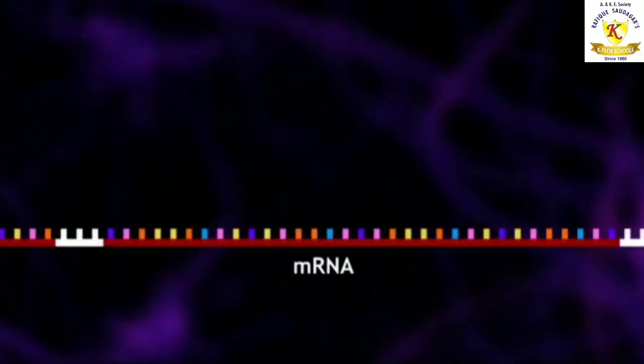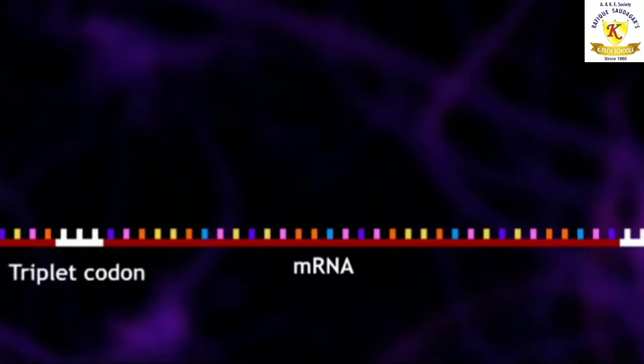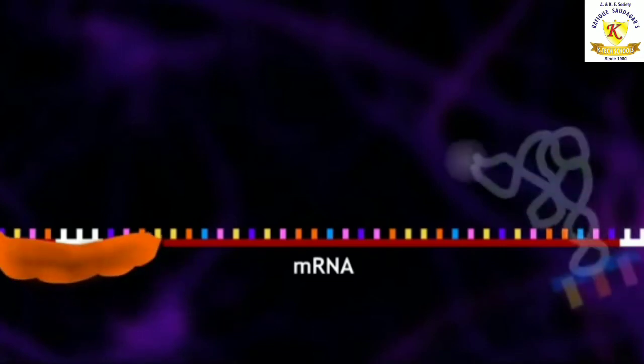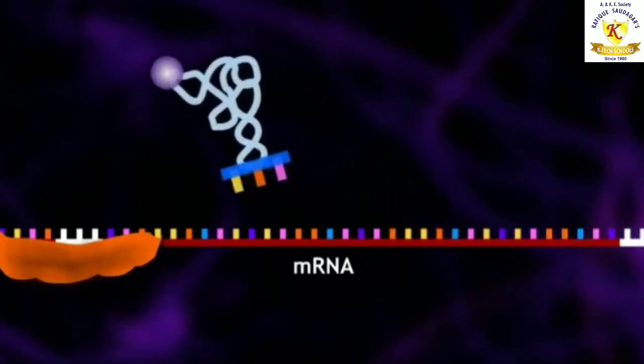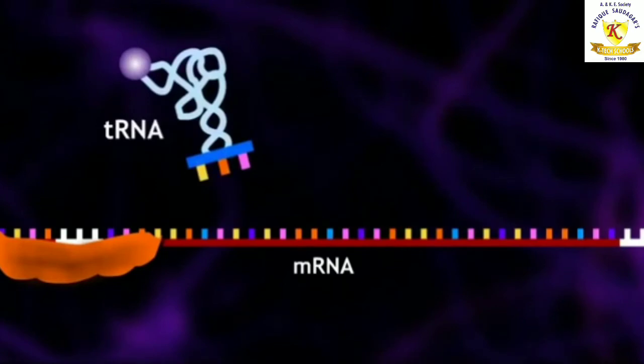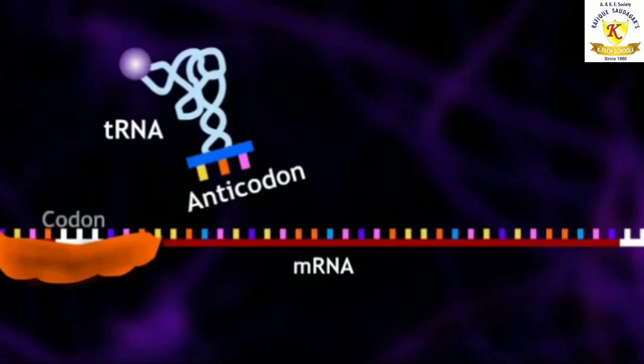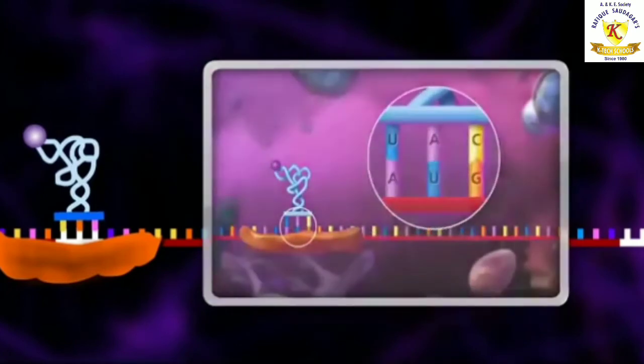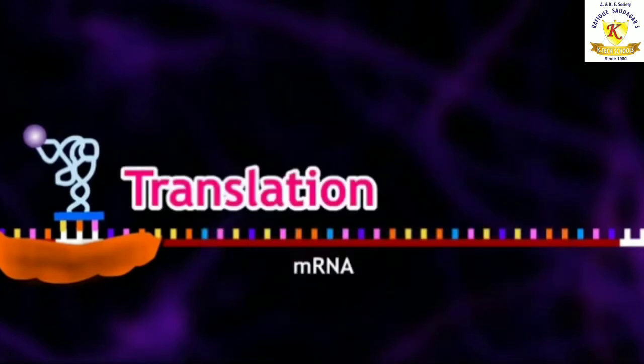Each mRNA is made up of thousands of triplet codons. As per the message on mRNA, amino acids are supplied by the tRNA. For this purpose, tRNA has anticodons having complementary sequence to the codon on mRNA. This is called as translation.